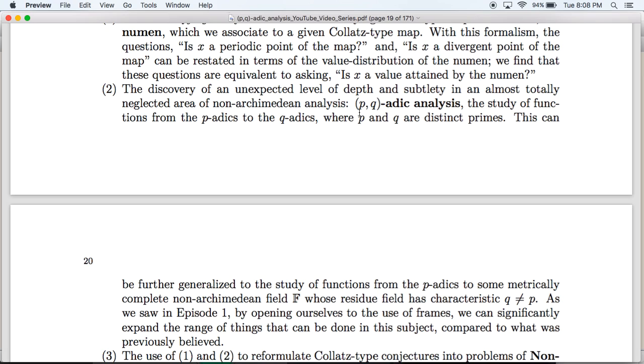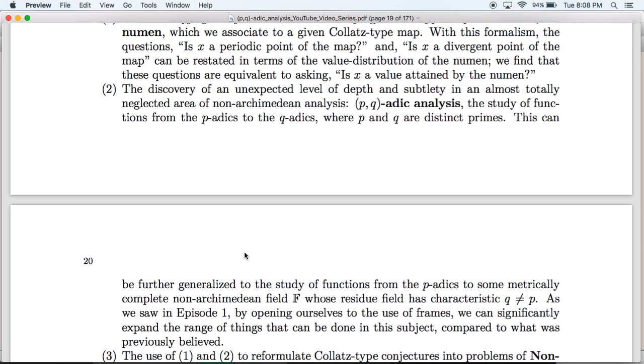I can probably go further and say that at the end of the road, we'd end up with a theory of functions from an adelic-valued variable to an adelic-valued variable, where by adeles I mean the adele ring of a number field, or, if it's an analog, over a function field.